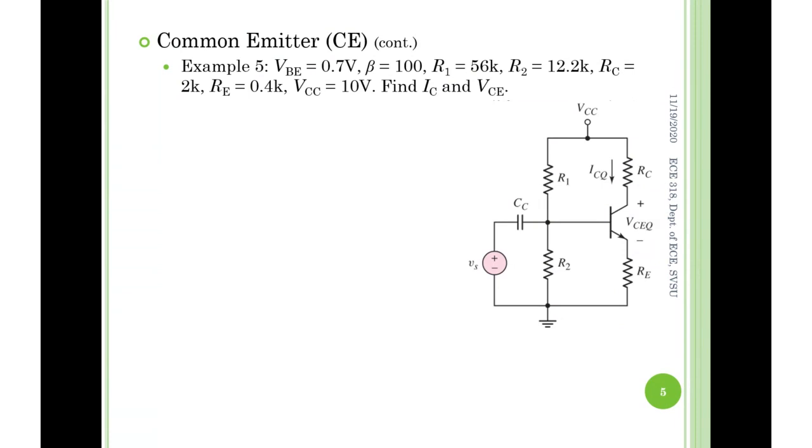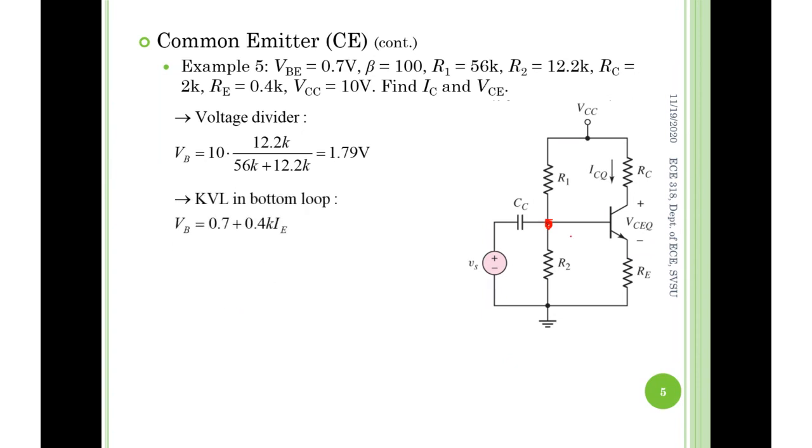All right, let's see the solution together and see if it works. First, I'm applying a voltage divider at the base between R1 and R2, like I did in the MOSFET circuit. In the VBE loop KVL, I have this equation.